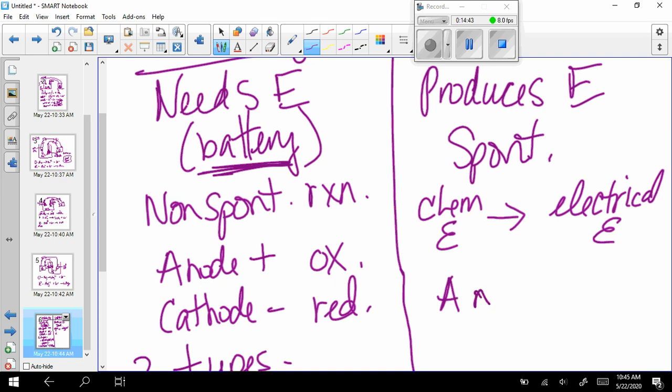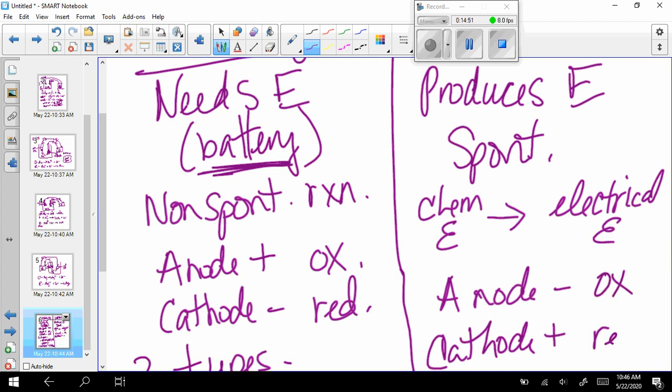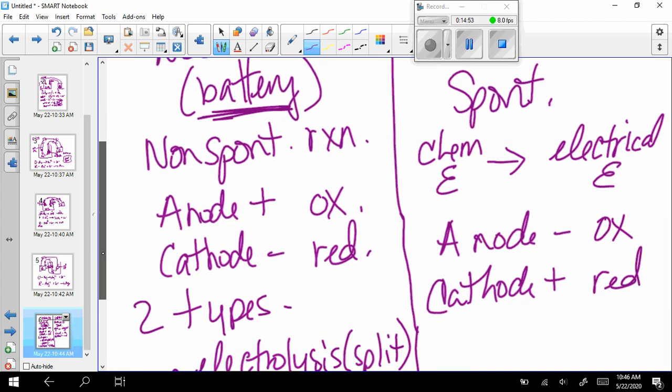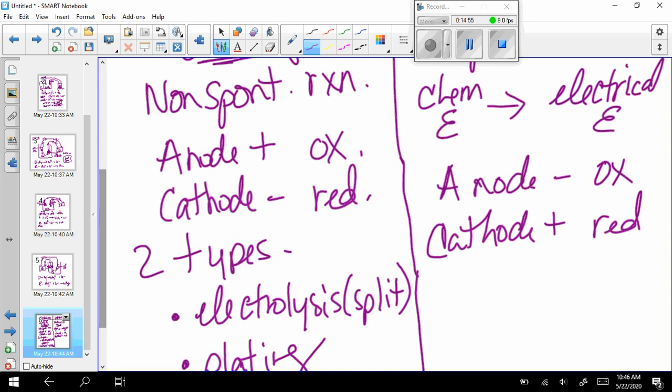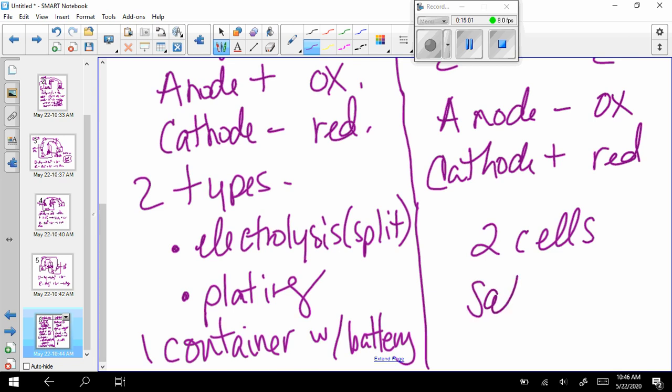My anode was negative and my cathode was positive. This is my oxidation and this is my reduction. So the only thing that changed was the charge. And this always had 2 cells, and it always had a salt bridge. That was a unique characteristic that I always noticed.